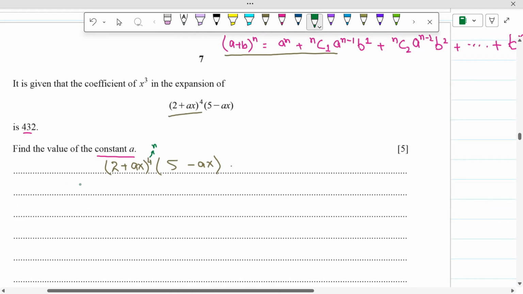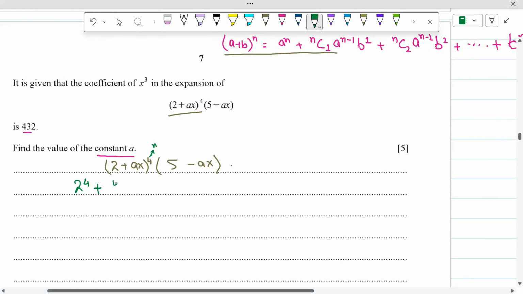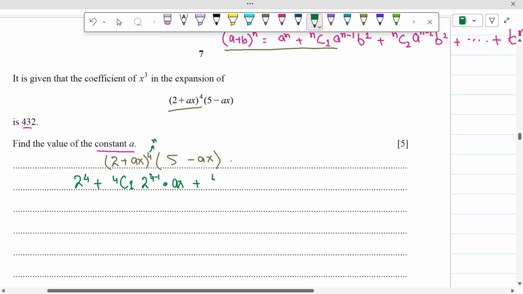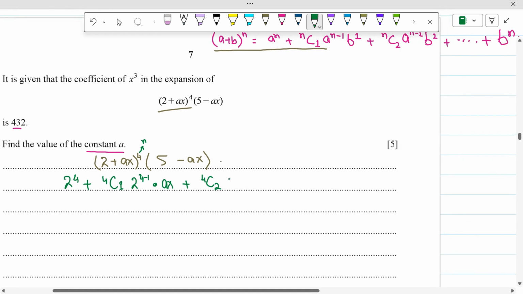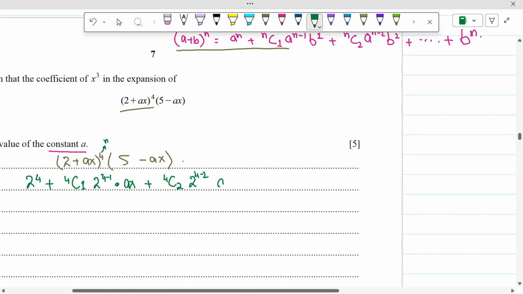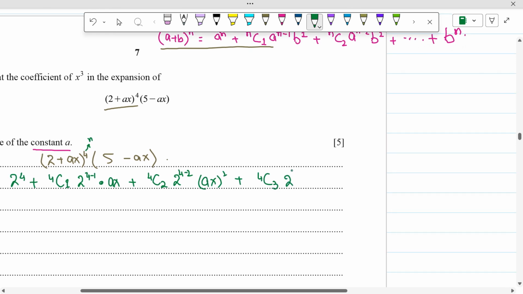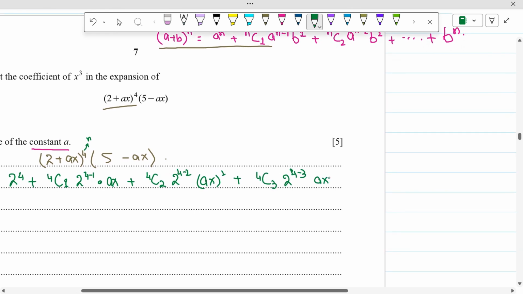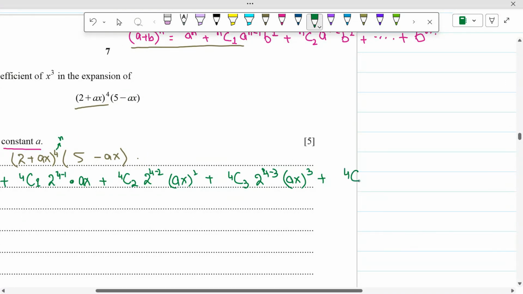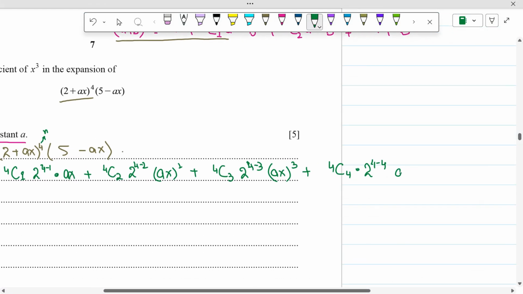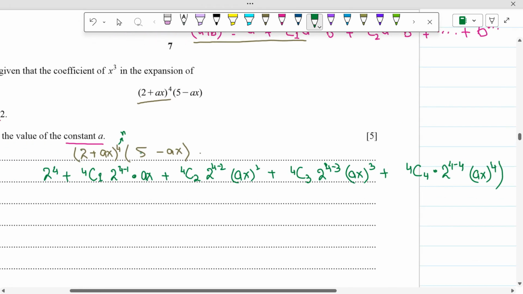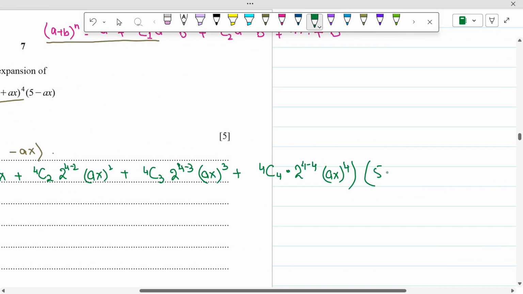So a to the power of 4 means 2 to the power of 4, plus 4C1 times 2 to the power of 4 minus 1 times b, which is ax, then 4C2 times 2 to the power of 4 minus 2 times (ax) whole square, then 4C3 and 2 to the power of 4 minus 3 and (ax) whole cube, plus 4C4, then 2 to the power of 4 minus 4 and (ax) whole power 4, and this one multiplied with the (5 − ax).